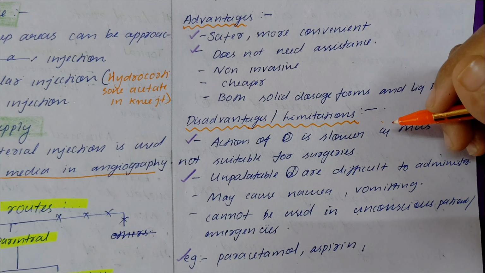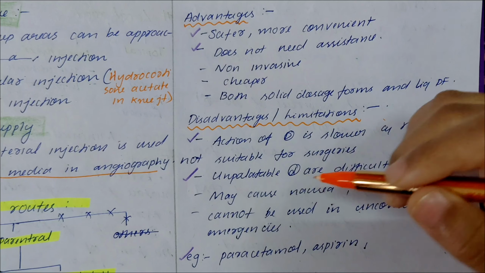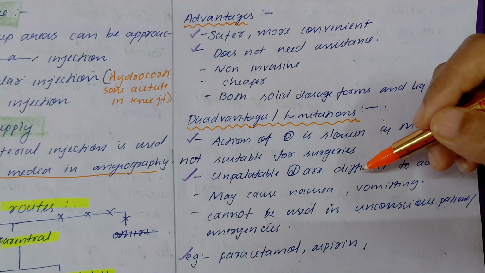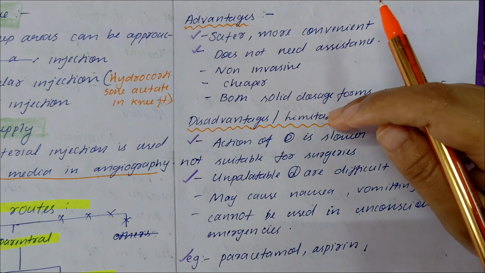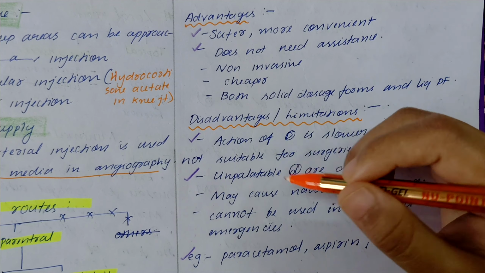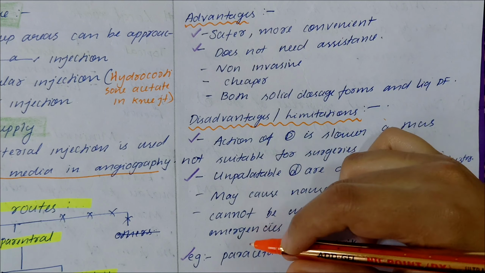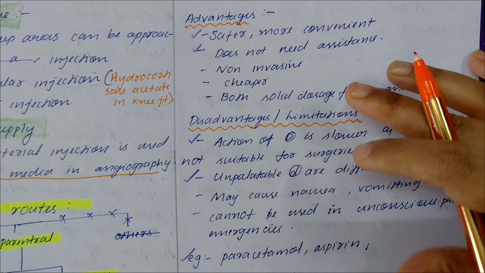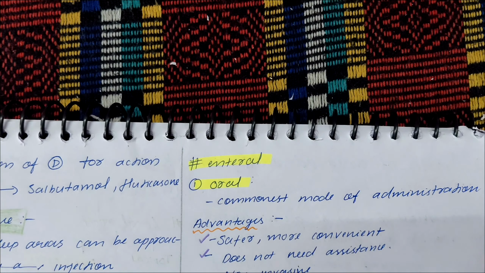So that is one disadvantage. It also may cause nausea, vomiting, and it cannot be used in emergencies. What if the patient is in coma or is unconscious? Can you administer an oral drug? No. Most used drug is paracetamol, and next is aspirin.